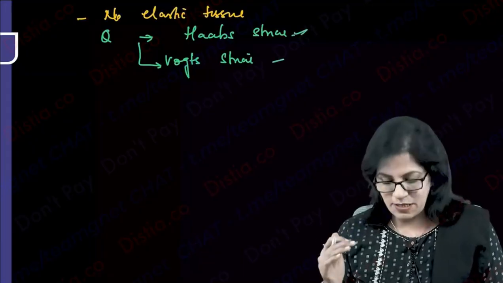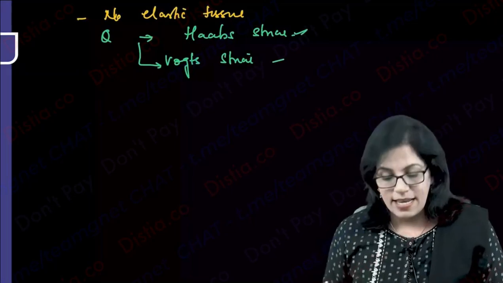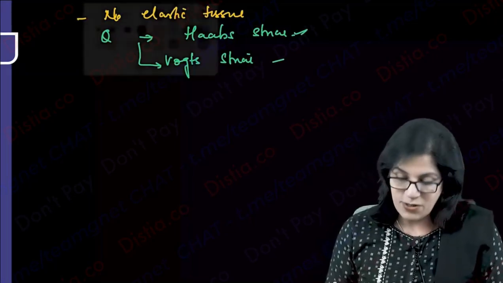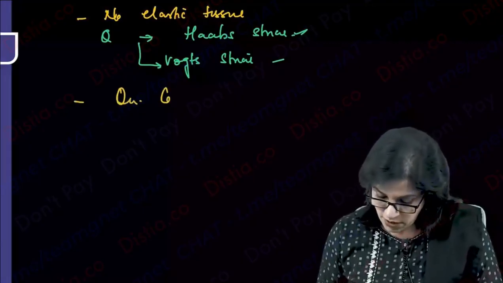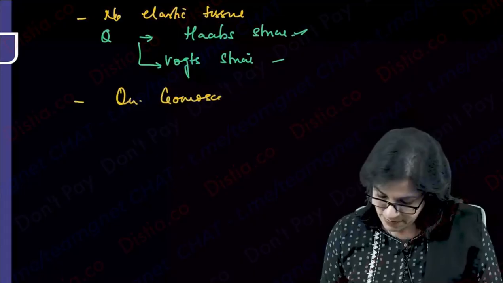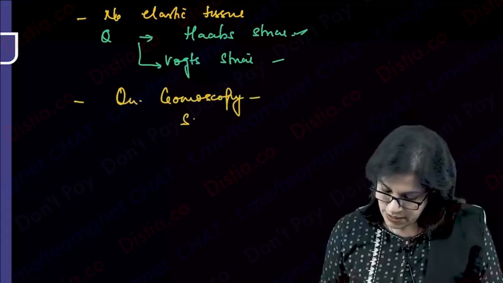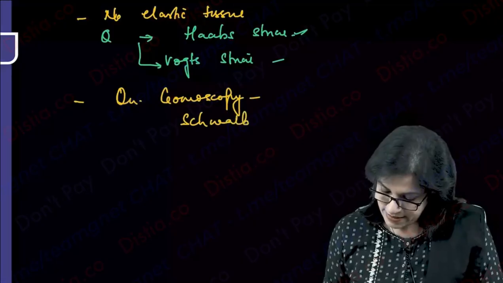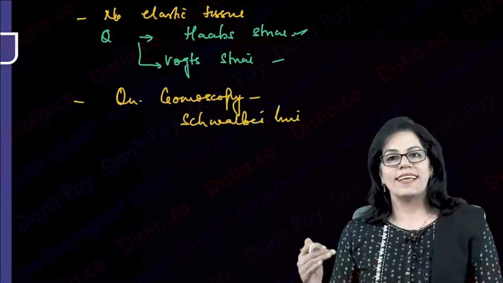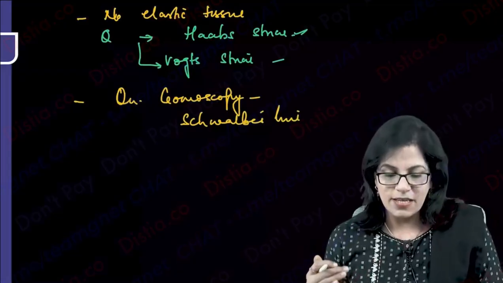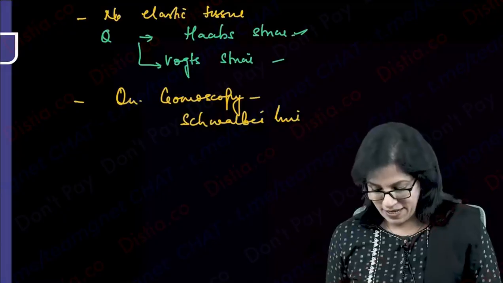Because of the break of Descemet's membrane. And of course, let's not forget that on gonioscopy, Descemet's membrane's anterior end is what you call Schwalbe's line. So that was about Descemet's membrane.